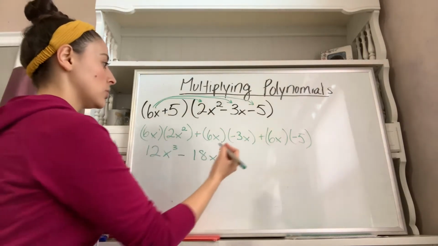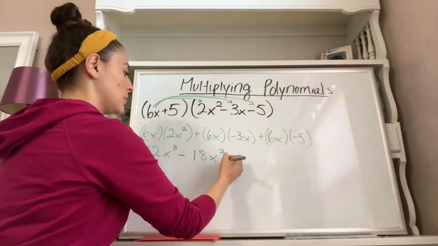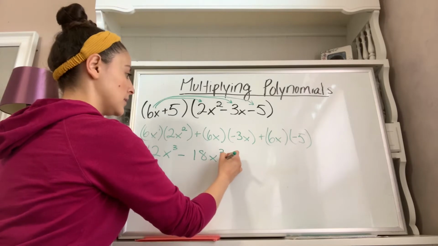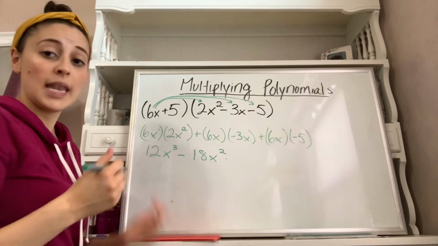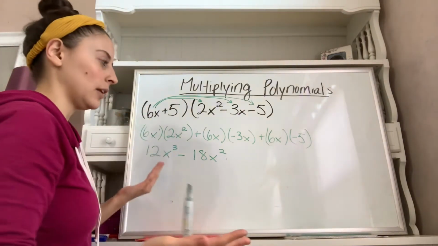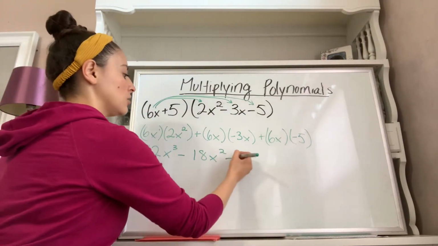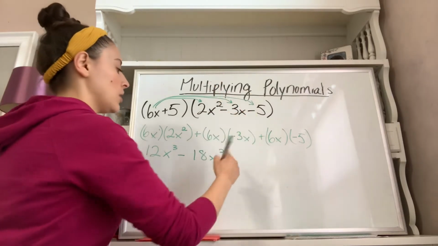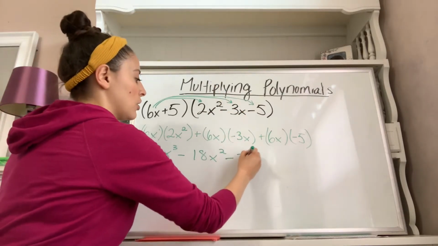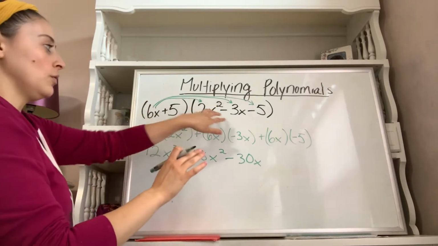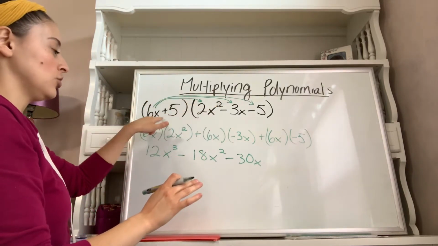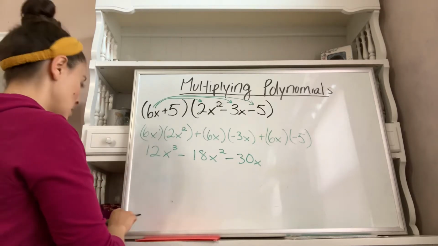And then our last multiplication problem here is negative 5 times 6x, so that's going to be a negative 30 times x, so negative 30x, which instead of doing plus negative 30x, we're just going to do minus 30x. Okay, so that takes care of the first half of this distribution problem.